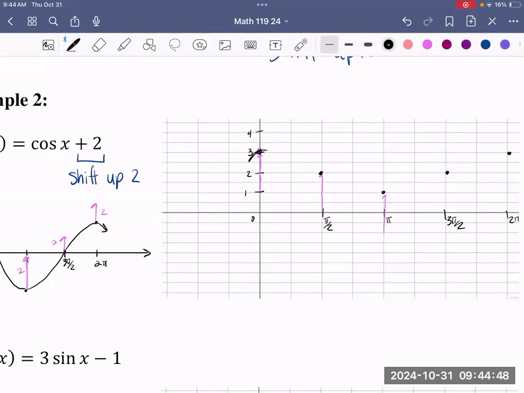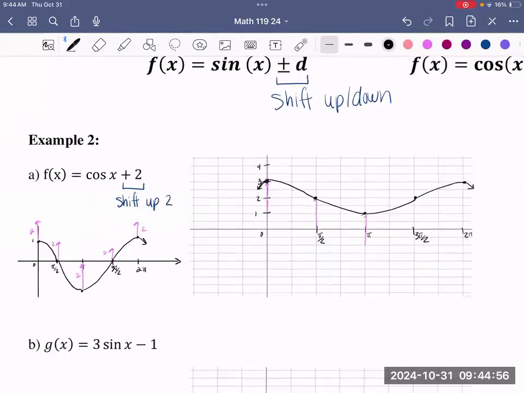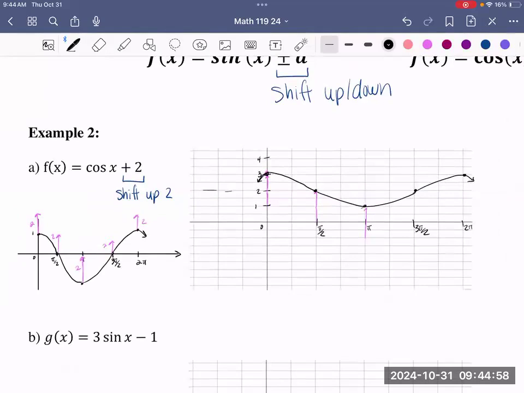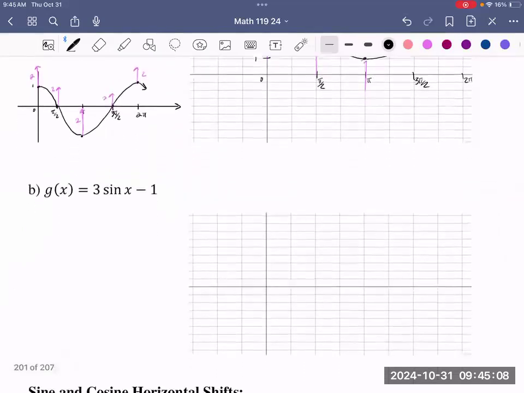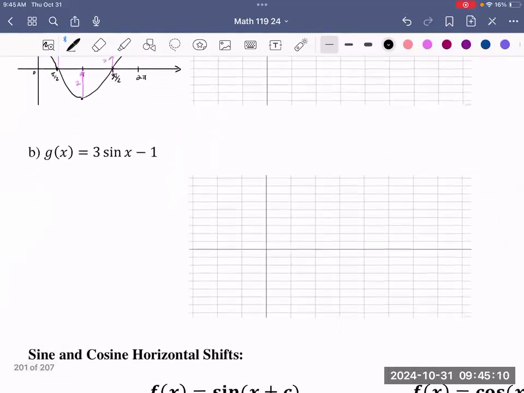And we'll connect your dots. And there you go. Now you do have your pseudo x-axis. This is where your x-axis, your zeros would have been. We have pushed that up as well. Now let's see if you can pause the video and try B.